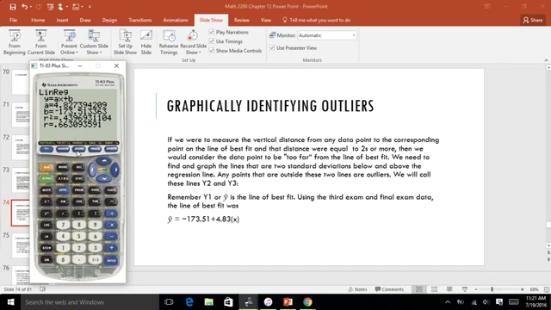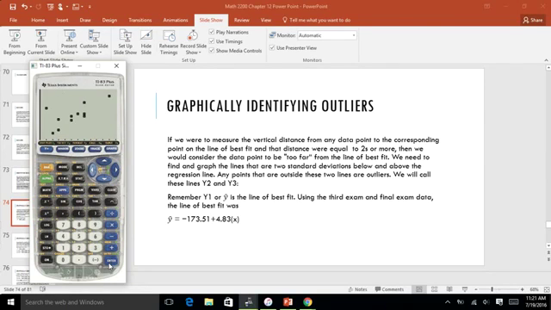So what I'm going to do now is go to second Y=, and turn on the scatter plot again. It's on. L1 is where X is, L2 is where Y is. Keep going down and then hit enter.